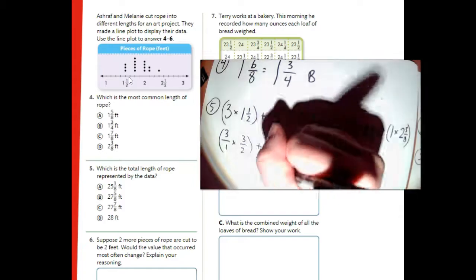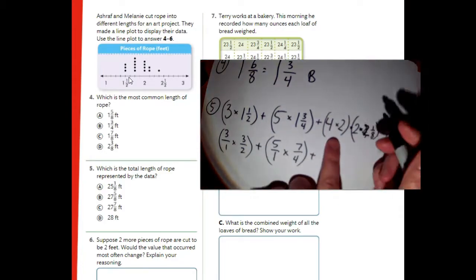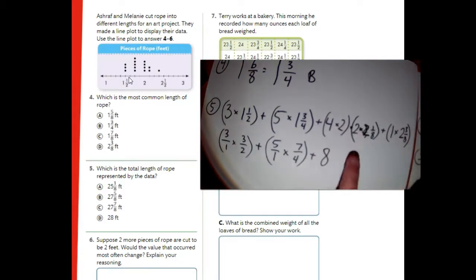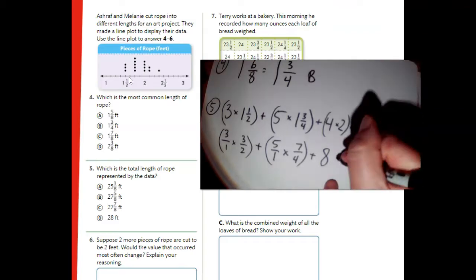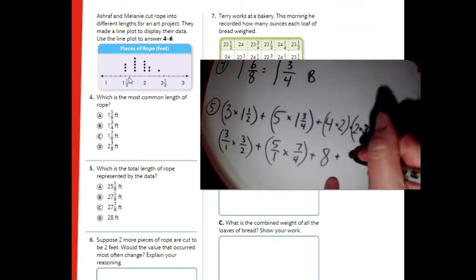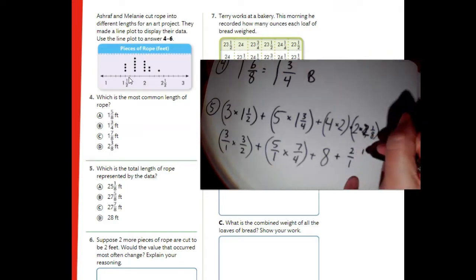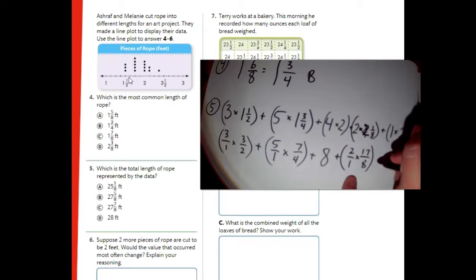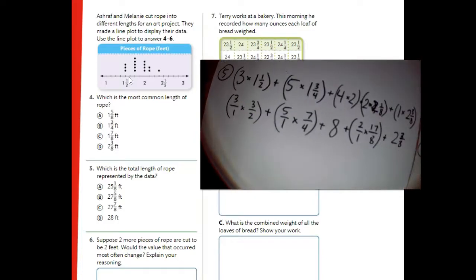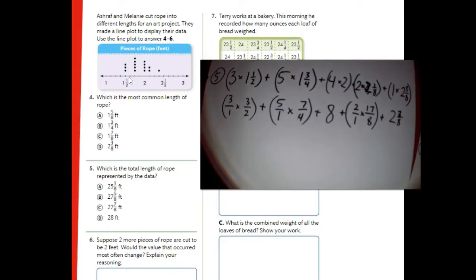That's 7/4. And then over here, 4 times 2, well, that's just 8. And then 2 times 1 and 1/8, that'd be 2 over 1. And then 8 times 2 is 16, plus 1 is 17. That's 17/8. And then 1 times 2 and 3/8, well, that's just 2 and 3/8. If I can write it correctly, right? So I'm just kind of simplifying this down step by step.